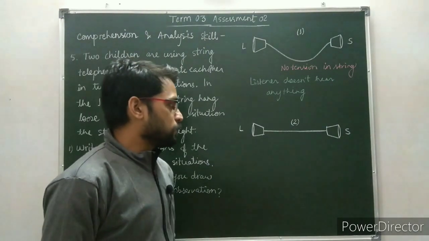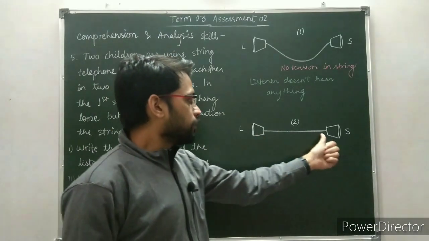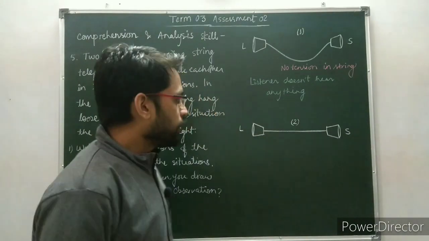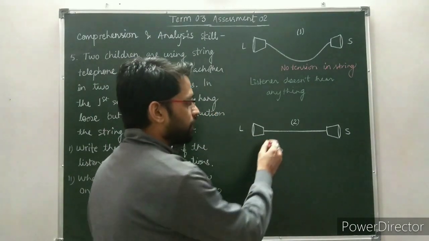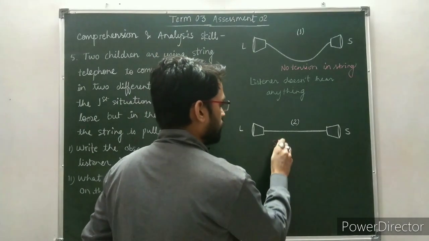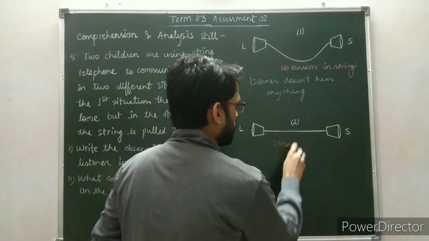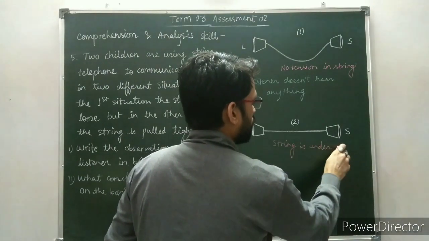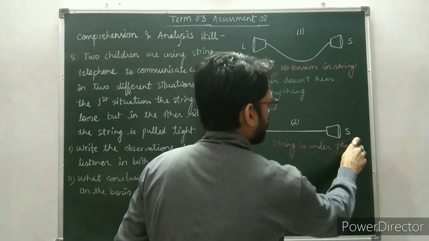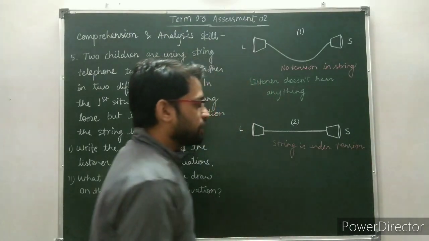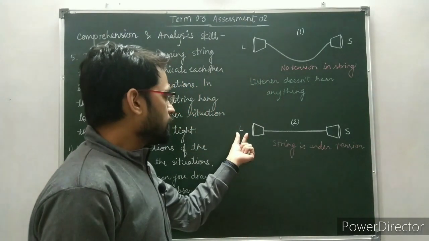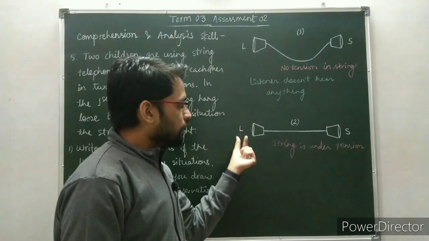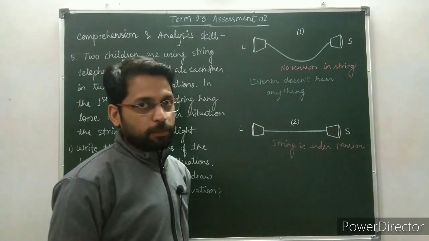Now come to the second situation. When the string is pulled tight, it means the string is under tension. When tension increases, the listener hears the voice of the speaker.